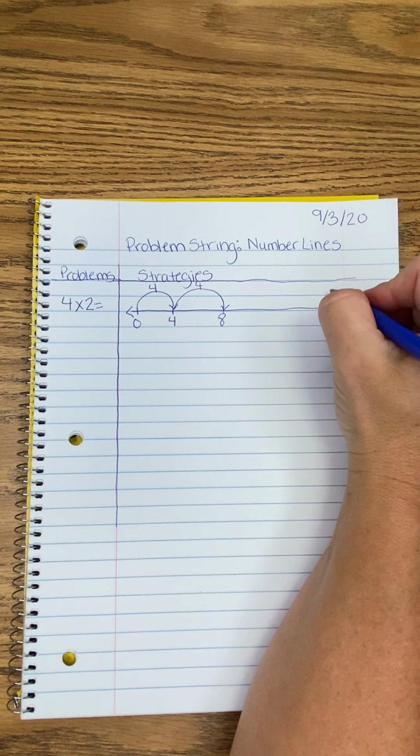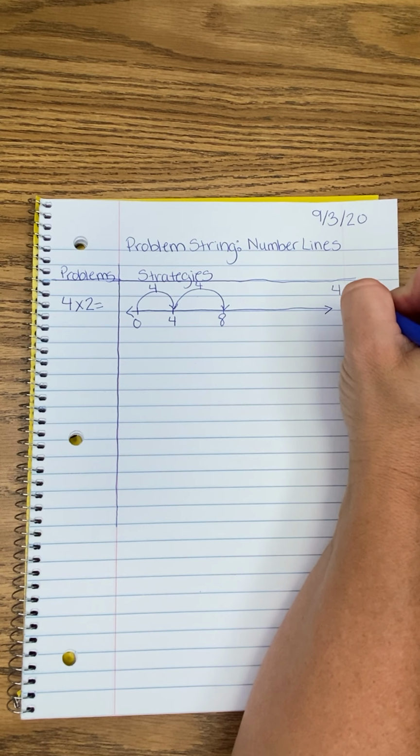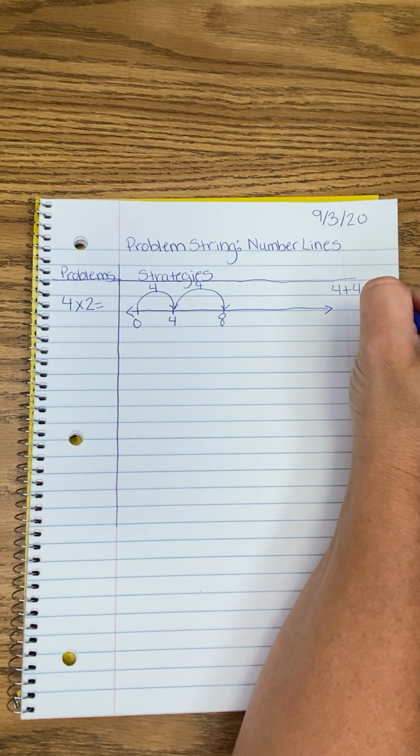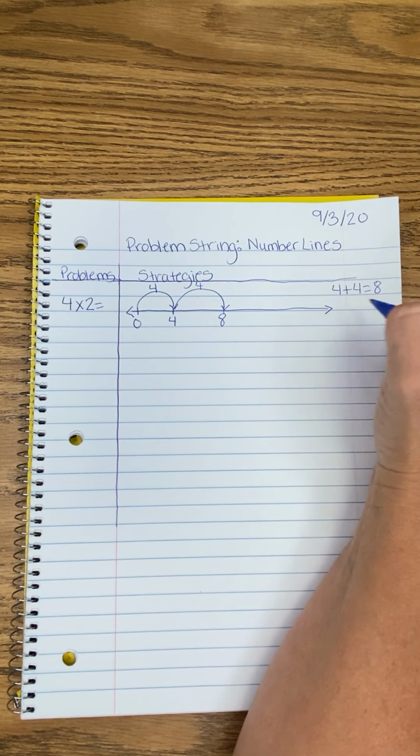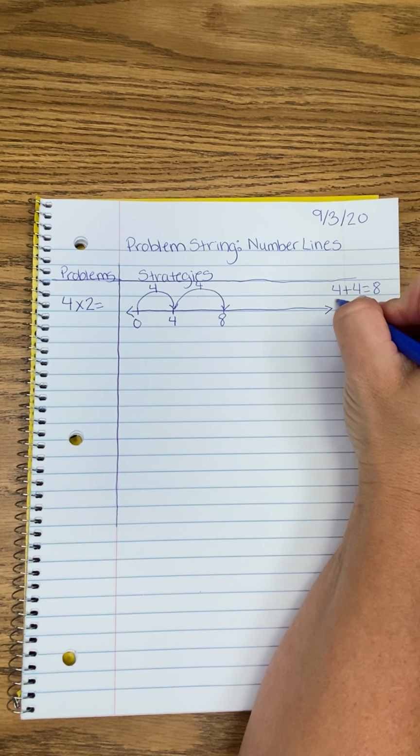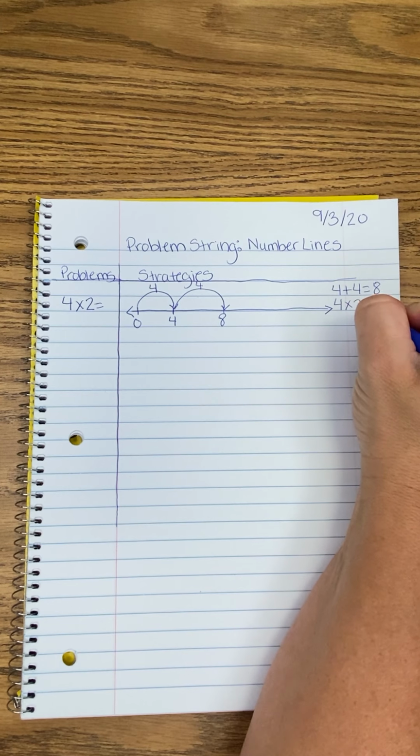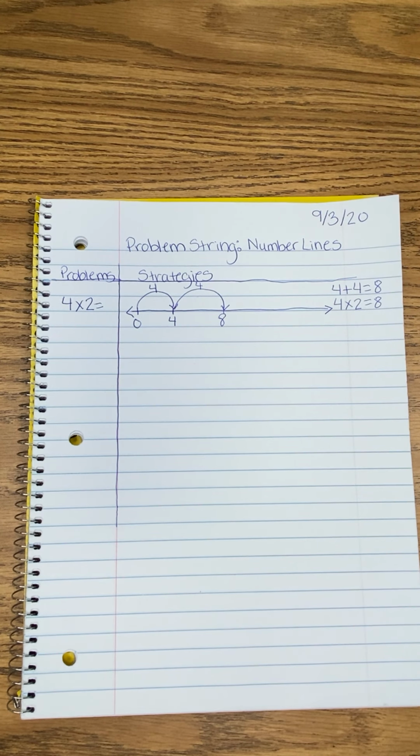So this is the same thing as 4 plus 4 equals 8 is the same thing as 4 times 2 equals 8. This is the doubling strategy. And you touched base on that in 3rd grade as well.